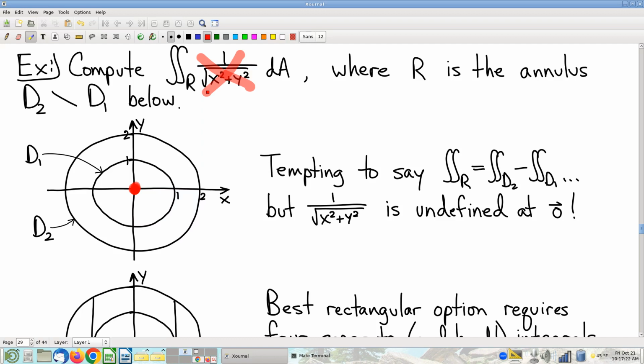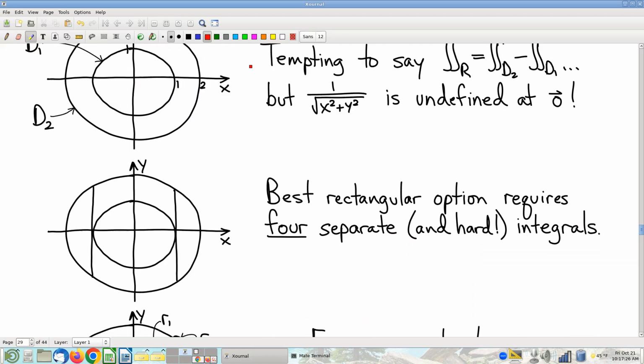Okay, next thing you might try is to take the domain and chop it up into pieces. On the one hand, there's that piece, and then there's that piece, and then this piece, and then this piece. There are 4 pieces, and you can compute each one of those integrals. But it remains 4 separate integrals, and that's a lot of work.